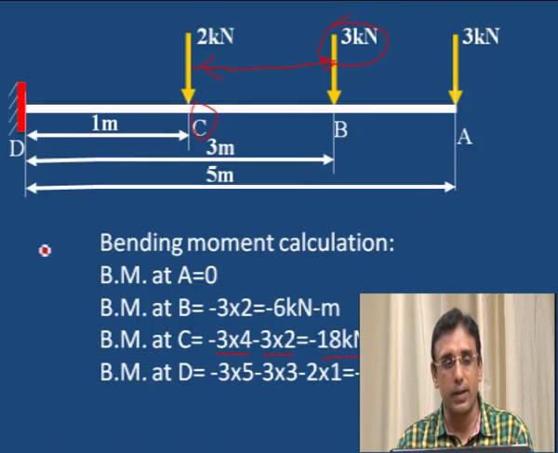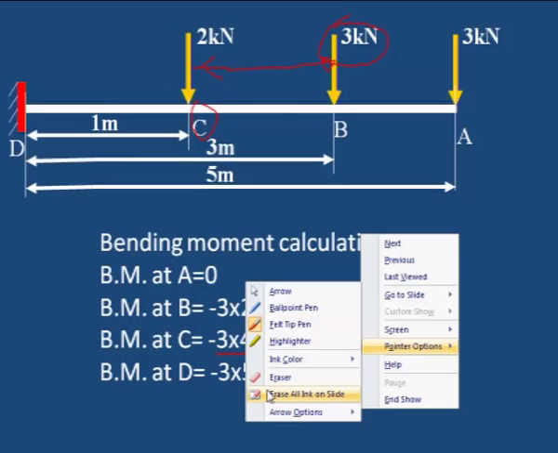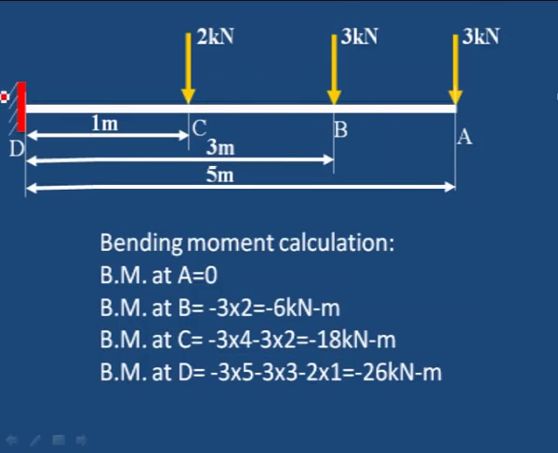To calculate the bending moment at D, we have to take the moment of all the forces at D. How to take the moment? 3 into this distance, 5 meter. Similarly 3 into the distance from B to D, 2 into the distance from C to D. That distance is clearly visible here: 3 into 5, and then 3 into 3, and then 2 into 1.